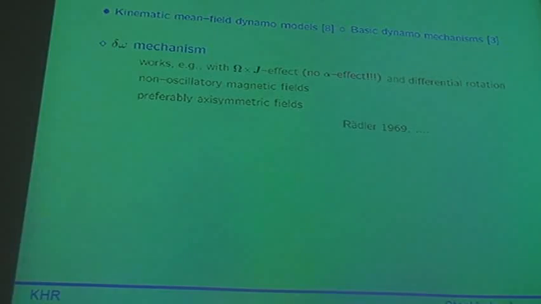And the omega cross J effect is indeed able to produce a poloidal field from a toroidal field. And so you can have a dynamo completely without alpha effect, with the omega cross J effect combined with differential rotation. You observe non-oscillatory magnetic field, and again, for reasons which are connected with the differential rotation, preferably axisymmetric fields.